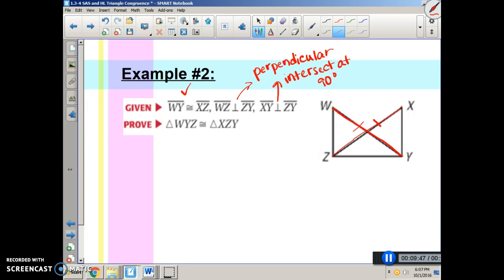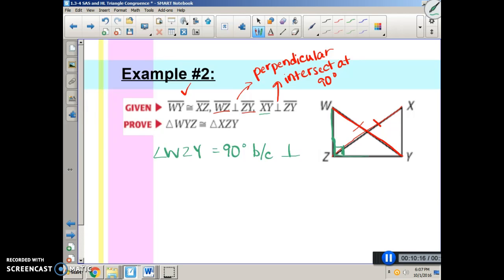So if they're perpendicular, if they intersect at 90 degrees, when WZ crosses ZY, I'll do that in a different color. So WZ crosses with ZY. That's going to make a 90 degree right there, so I can mark that up. And I'm actually going to put that on my thing down here. WZY equals 90 because perpendicular.